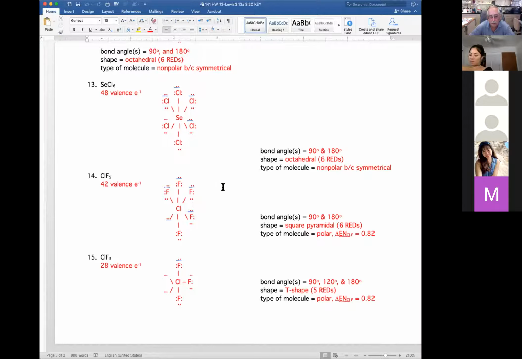And this right here is not perfectly symmetrical. So now if these are polar covalent bonds, which they in fact are, it's asymmetrical. It's got polar covalent bonds. It's going to be a polar molecule. This one over here, it doesn't matter whether the bonds are polar or non-polar because it's symmetrical.